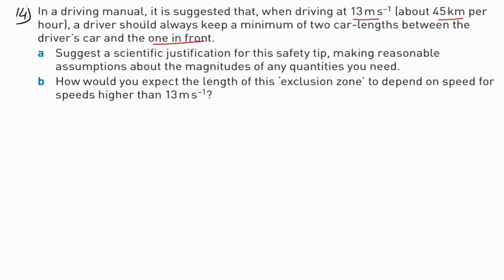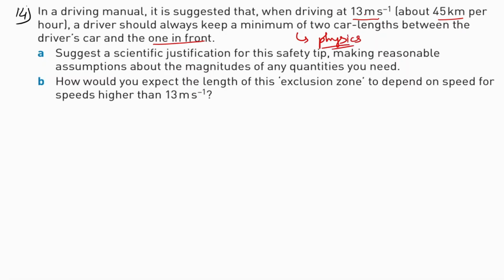So, in the driving manual, they say we need to keep a distance of two car lengths. Why do we need two? So, give the answer from a physics perspective.